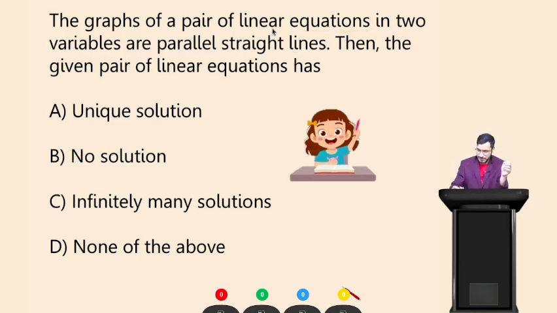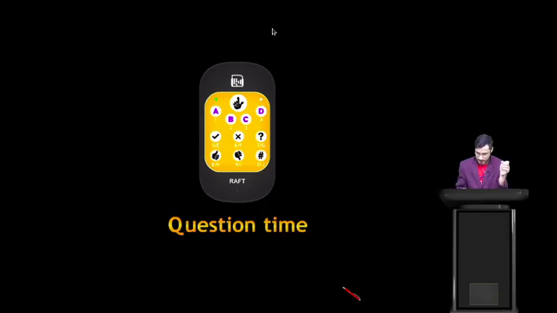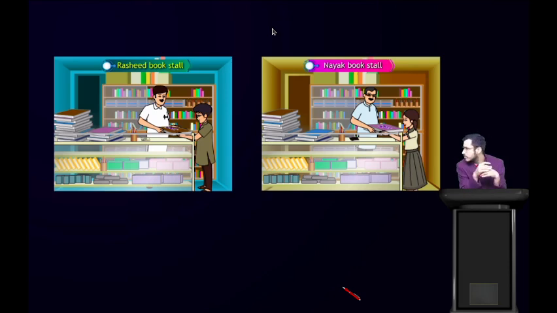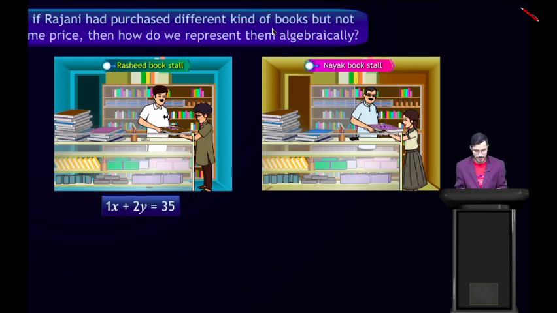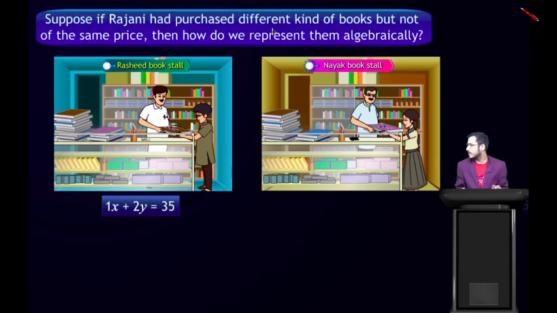Okay, let's move to another part. The seed book stall and Nayak book stall: x plus 2y is equal to 35 and 2p plus 2q is equal to 50. So in this case, suppose Rajni had purchased different kinds of books but not of the same price, then how do we represent them algebraically?